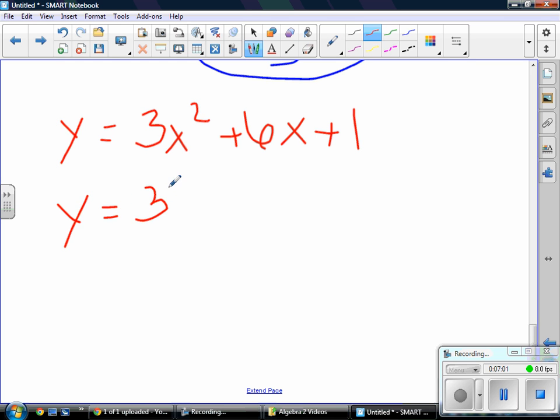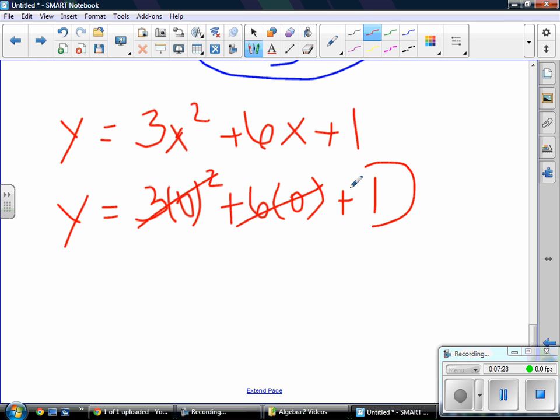So 3 times 0 squared plus 6 times 0 plus 1. Now this equation was written in standard form. The next problem in the homework, if you've gotten to that one, they want you to change it from standard to graphing. So anytime it's in standard form, which is when it's ax squared plus bx plus c, your y-intercept is always going to be just this last term, because everything else drops out to be 0.